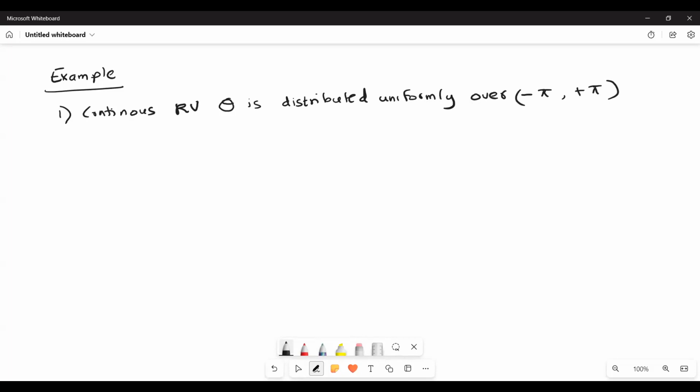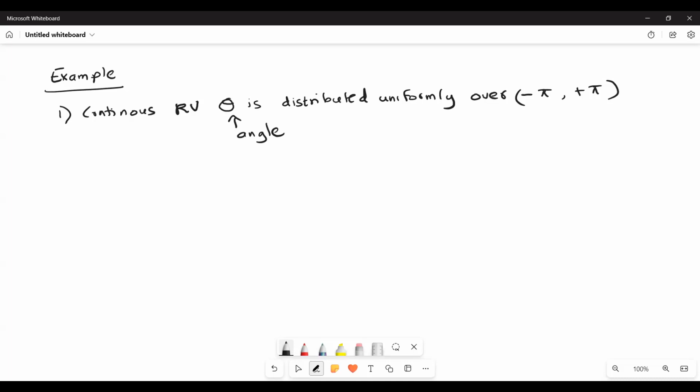So theta is a certain angle, and it is said that it is distributed uniformly over minus pi to plus pi. If it is distributed uniformly, what does it mean?